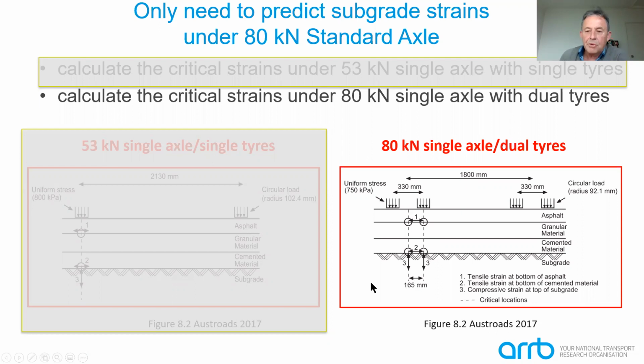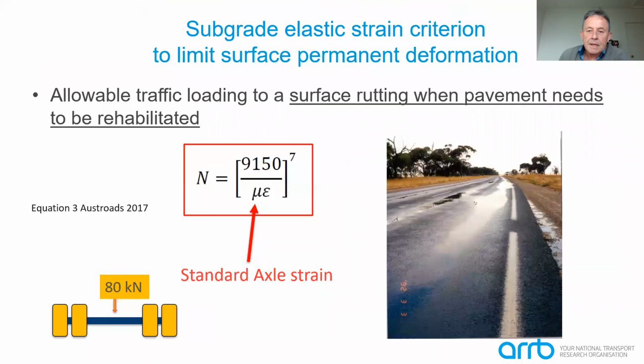We've discussed that in previous weeks. So it's the allowable loading to surface rutting, at which stage the pavement would need to be rehabilitated. Now, as we discussed, I think it was last week, there was a question about what is that condition that we're designing for, specifically how much rutting and to what extent.